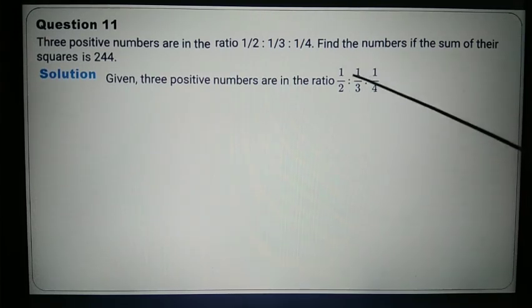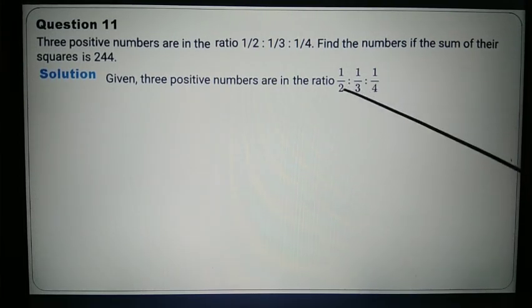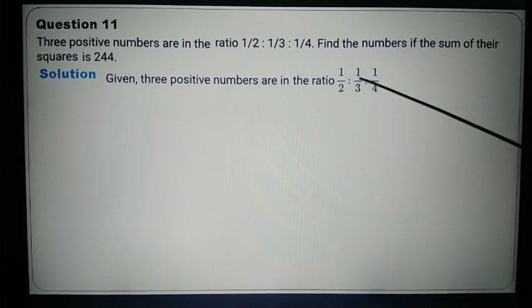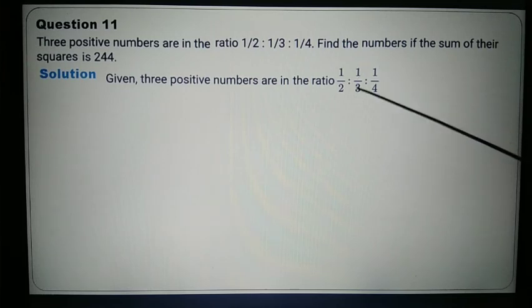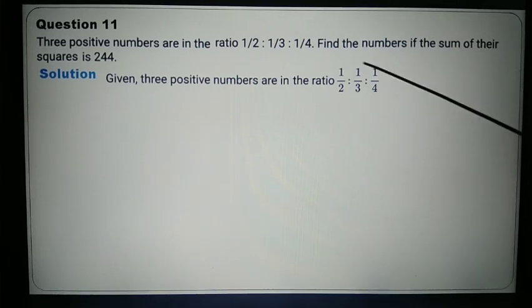If I multiply all the ratio by the LCM of the denominators, which is 12, then 12 into half is going to be 6, 12 into 1 by 3 is going to be 4, and 12 into 1 by 4 is going to be 3. So my equivalent ratio is going to be 6:4:3, right?